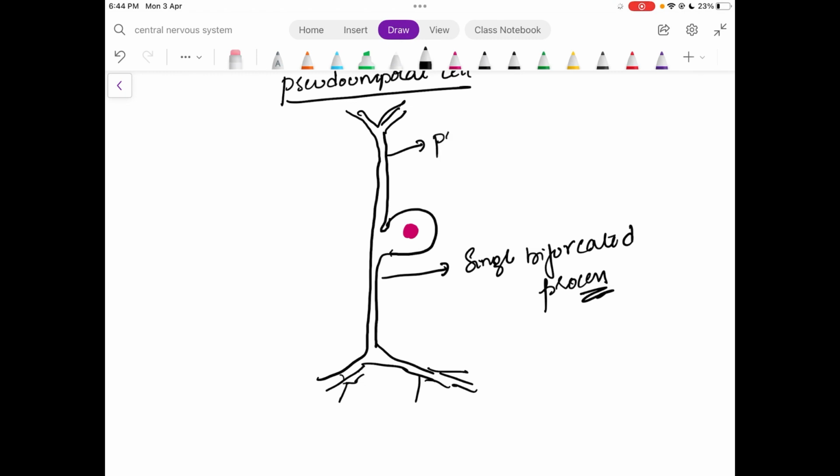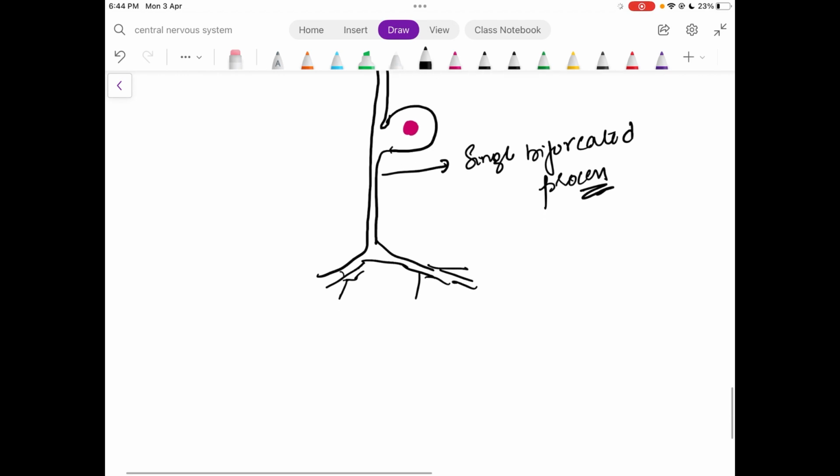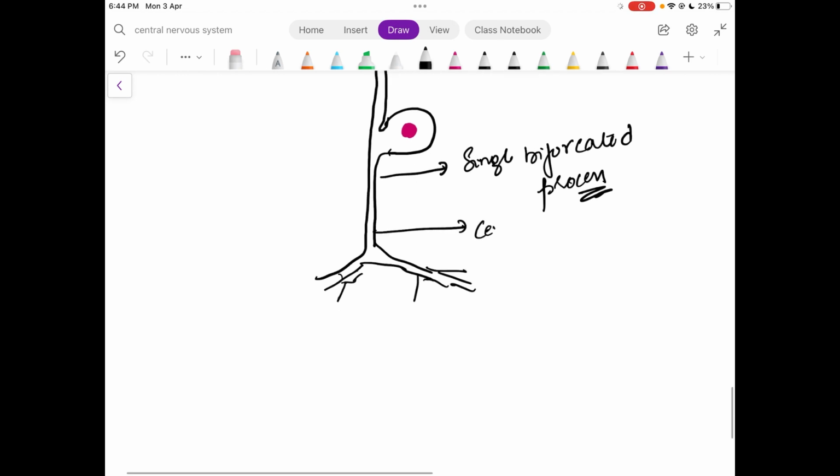One is the peripheral axon. This axon goes to skin and muscle, and this is a central axon.